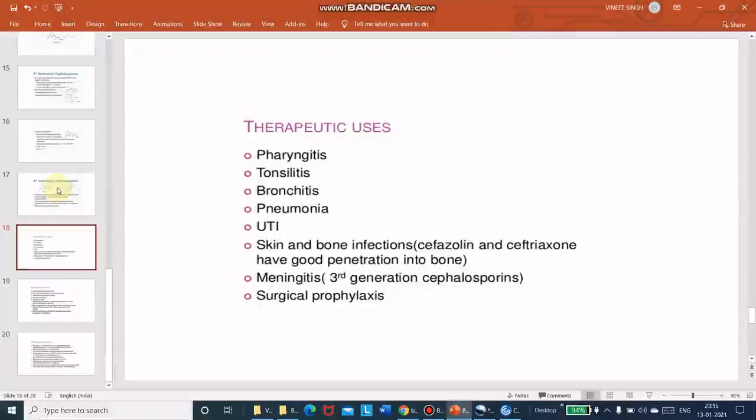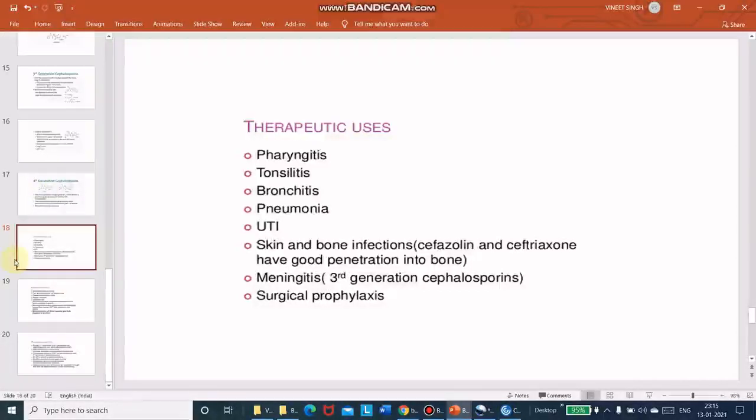And what will be the therapeutic uses? So pharyngitis में भी यूज करते हैं इसको, tonsillitis, bronchitis, pneumonia, urinary tract infections, skin and bone infection, meningitis, surgical prophylaxis.